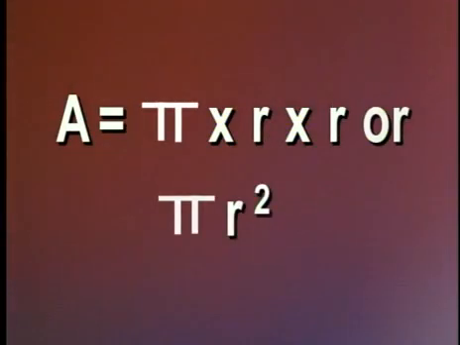I believe it was Archimedes, an ancient mathematician who lived in the Greek world, who discovered the area of a circle in terms of pi. And what he discovered is pi times r, or pi r squared, will give you the area of a circle. Now, notice that we've multiplied the radius, which is a distance measurement, times the radius, which is a distance measurement.